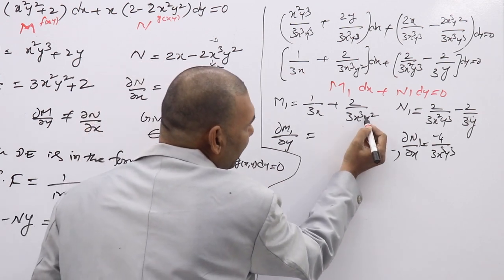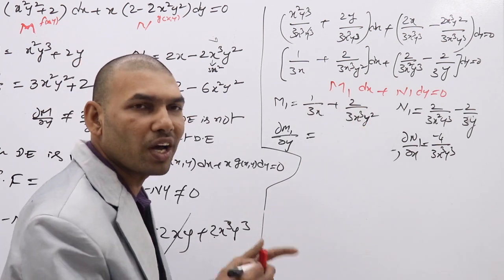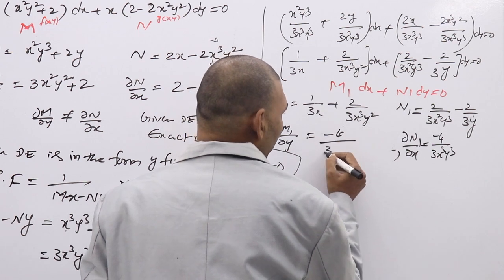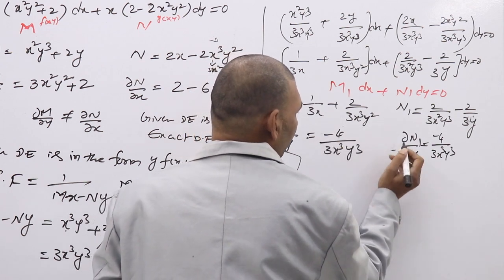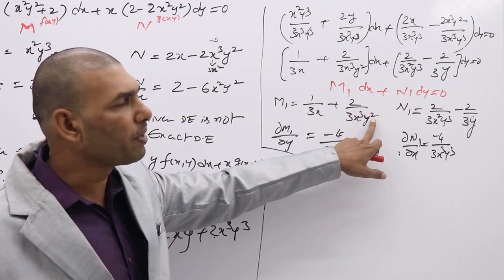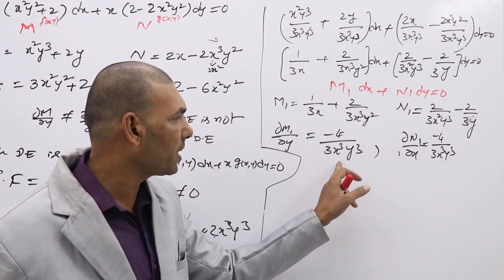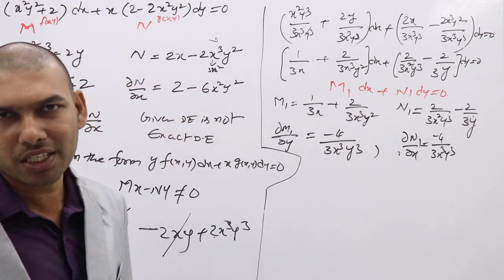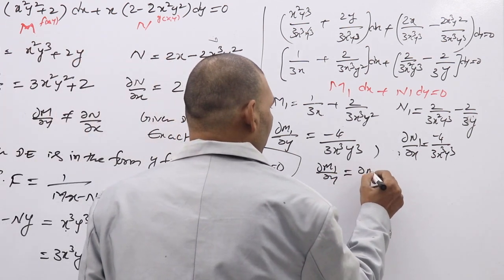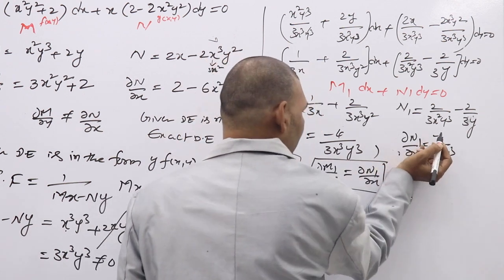Differentiation of 1 by y square minus 2 by y cube, that means here also you will get minus 4 by 3x cube y cube. You will get minus 2 in the numerator, the power increased by 1. These two are equal, right? Minus 4 by 3x cube y cube, minus 4 by 3x cube y cube. That means del M1 by del y equals del N1 by del x. The given d is exact.